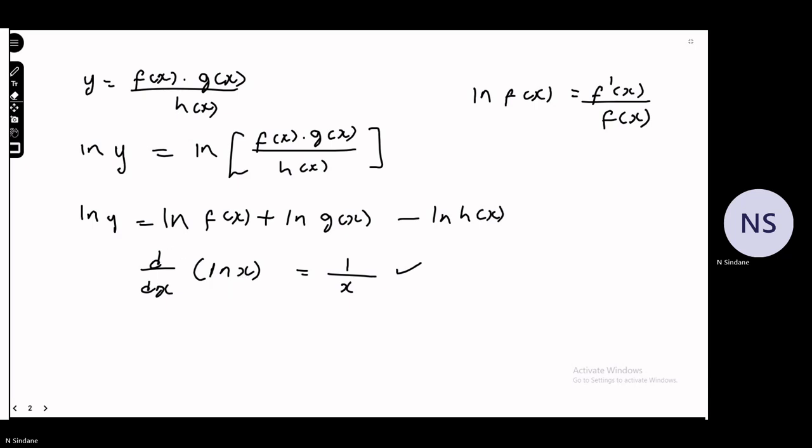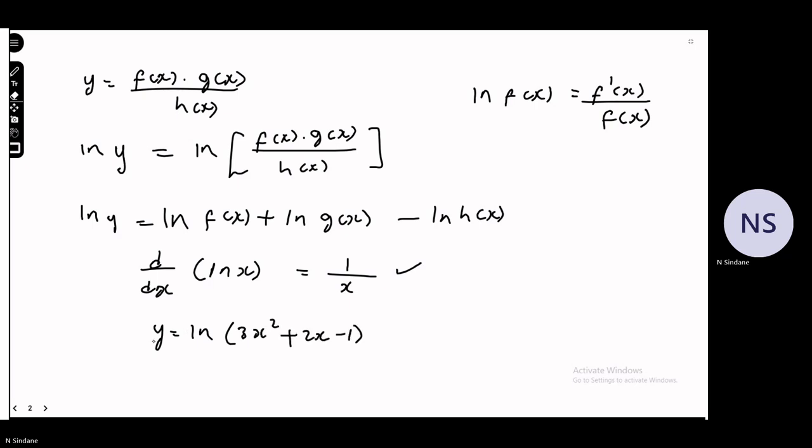Say you're given a question, let's say y is equal to ln of 3x squared plus 2x minus 1. They want you to differentiate this.